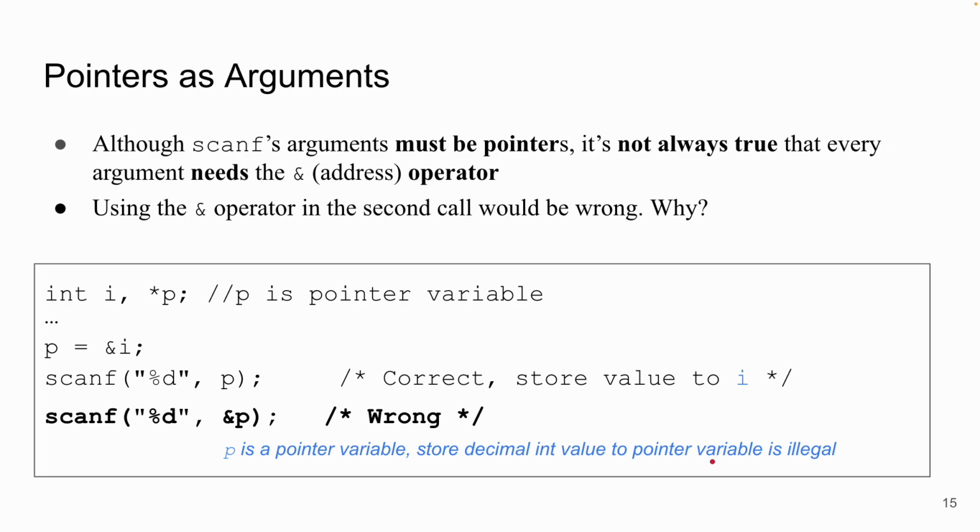You cannot just assign an ordinary decimal integer value to a pointer variable, because the legal type of value for a pointer variable is a memory address. So you need to store the memory address in p, not the decimal integer value.